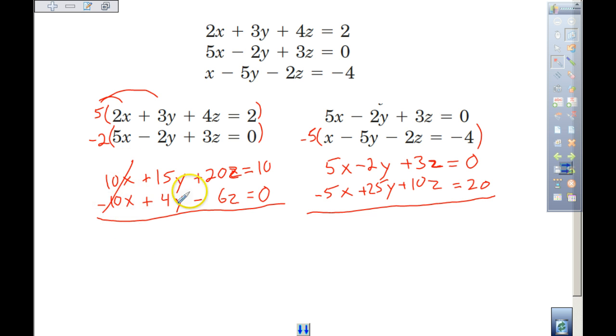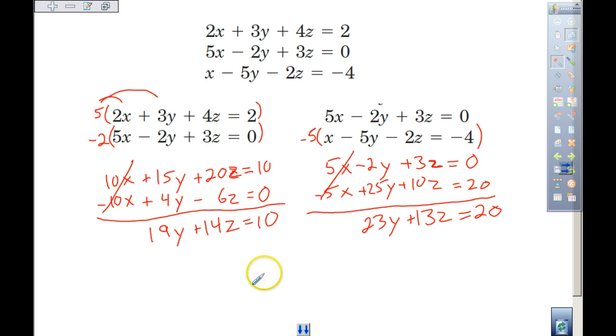So it has to be the same variable on both. 19y plus 14z equals 10. 23y plus 13z is 20. There's step one.